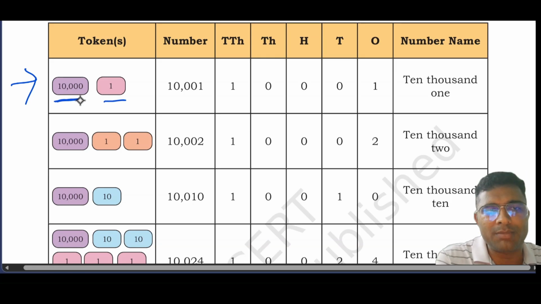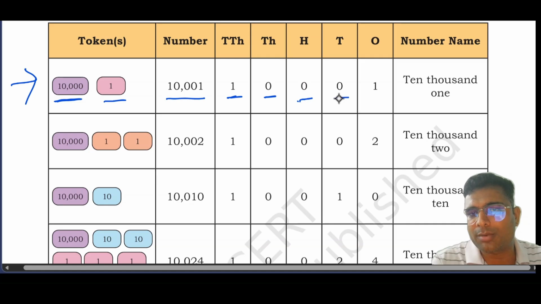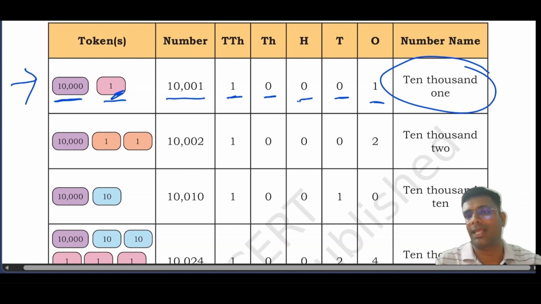So in total it will make 10,001. In the column of 10,000 you will write 1, in the column of 1000 you will write 0, in the column of 100 again 0, in the column of 10 0, and in the column of ones you will write 1. So in words, you will write it in this way: 10,001.